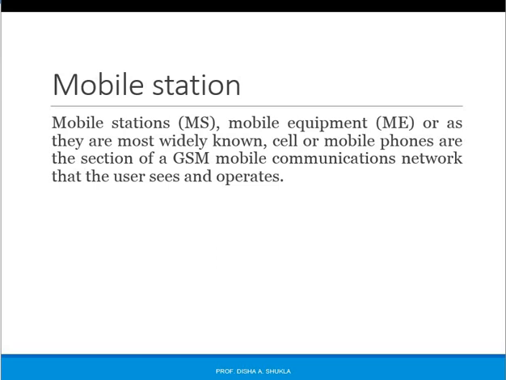The SIM, or the Subscriber Identity Module, contains the information that provides the identity of the user to the network. It contains a variety of information including a number known as the International Mobile Subscriber Identity, that is the IMSI.